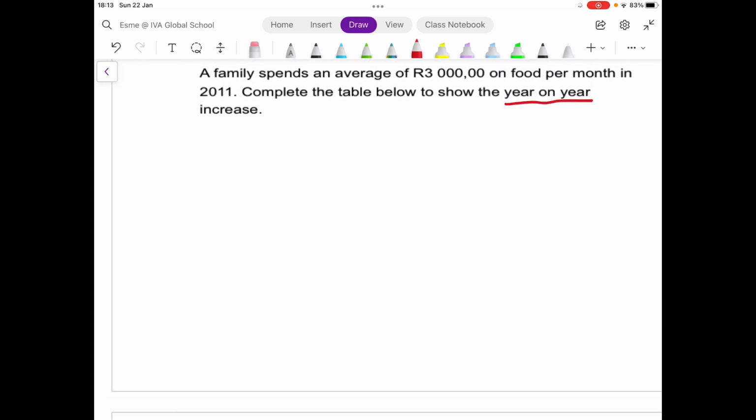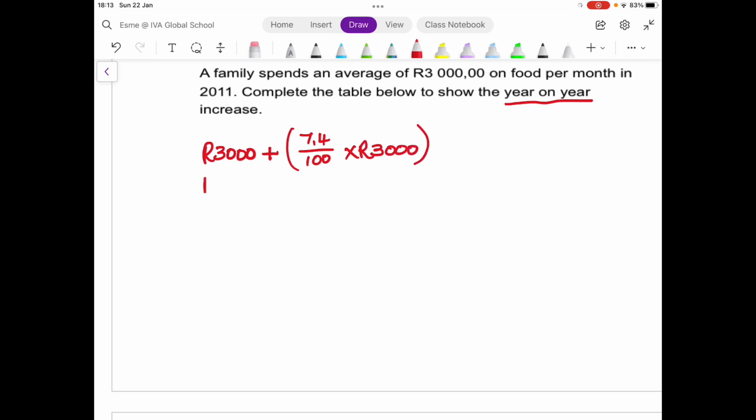Remember, inflation works on this: I take 3,000 Rand, it increases, so plus 7.4%, 7.4% of 3,000 Rand.